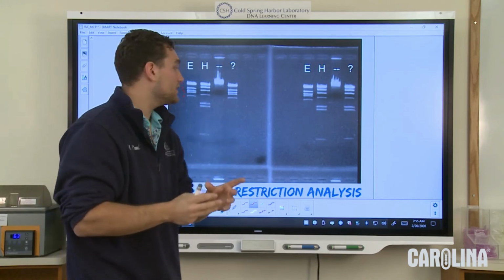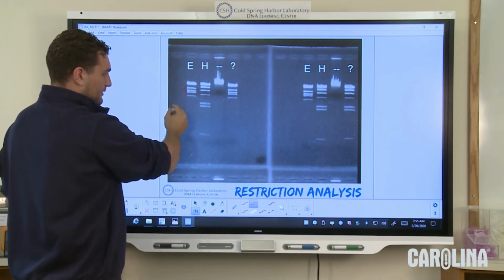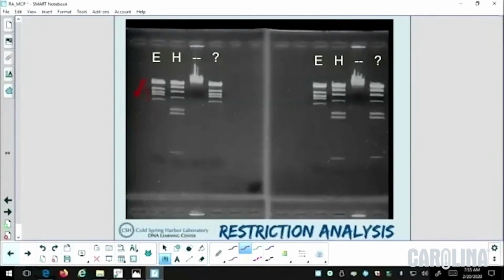That's the central band. But with Eco, if I have 5 bands, that means it's cut perfectly. So that one did a great job. Now the Hindi, 1, 2, 3, 4, 5, 6, and you can see the very faint 564. That one, perfect job.